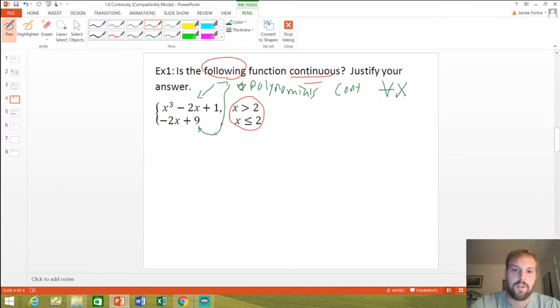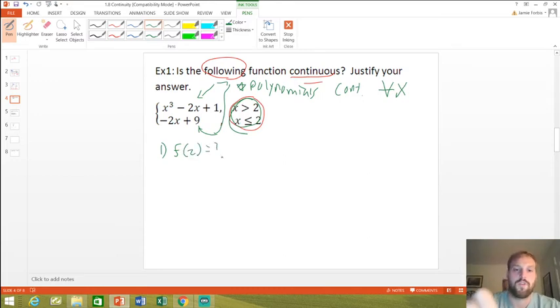Now the part that I'm really curious about is the continuity at that specific point. Now we have a way to do that. We have steps. So let's start off with step 1. Step 1 we're curious about is f of a, or in this case f of 2, is it defined?